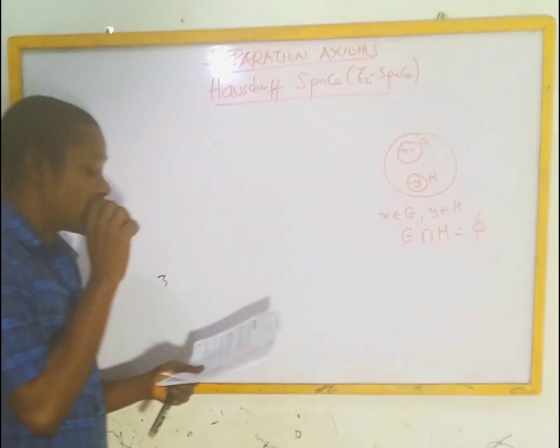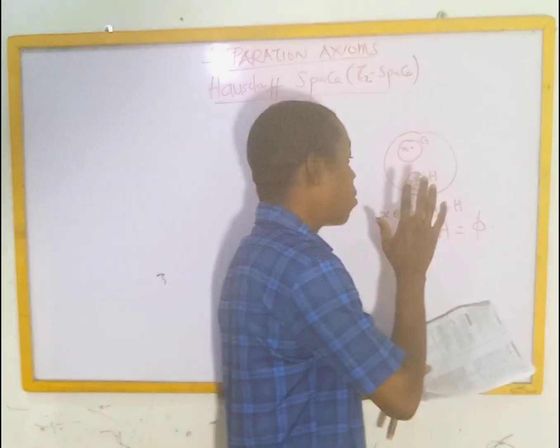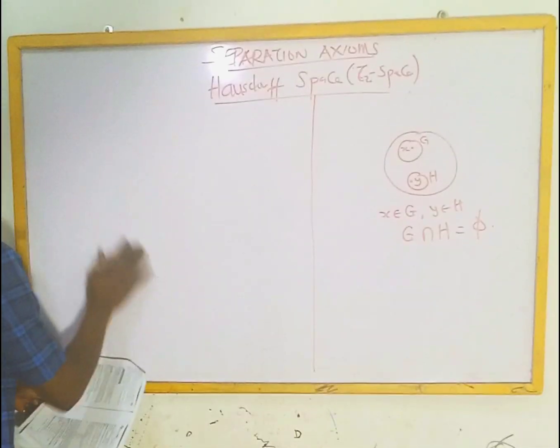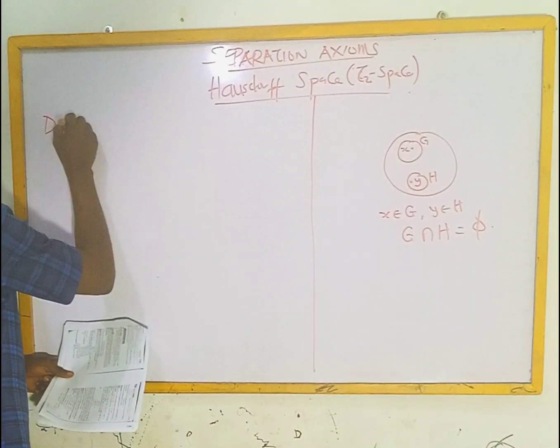So that's just a simple definition for Tau2 space.